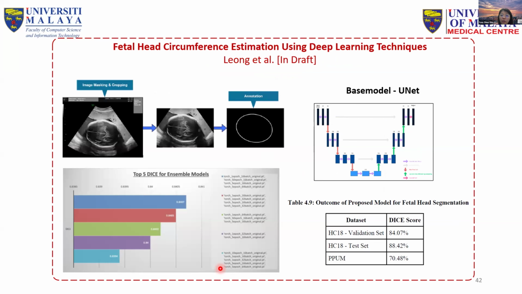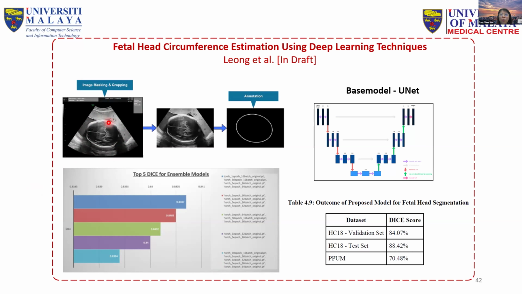Next would be another work of ours where we do fetal head circumference estimation using deep learning techniques. Currently, when the sonographers measure the fetal head circumference, they capture the image and then draw a circle on the head circumference, and then they measure using the machines.